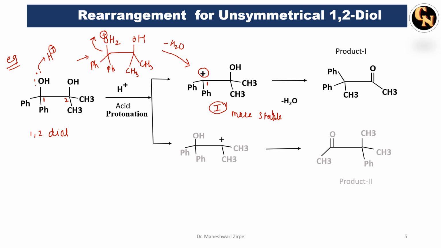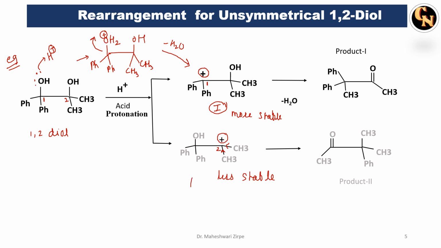Whereas if we do the protonation on the second OH group, what is going to happen? Obviously there is formation of a carbocation on the second carbon. Now when the carbocation forms on the second carbon, there is only the inductive effect from both the CH3 substituents. So this carbocation, which would be formed after removal of the second OH group, will be less stable.